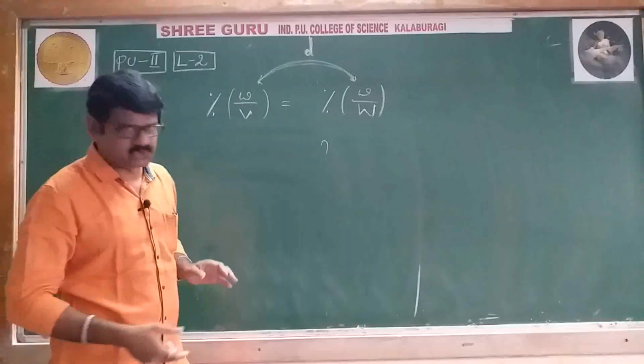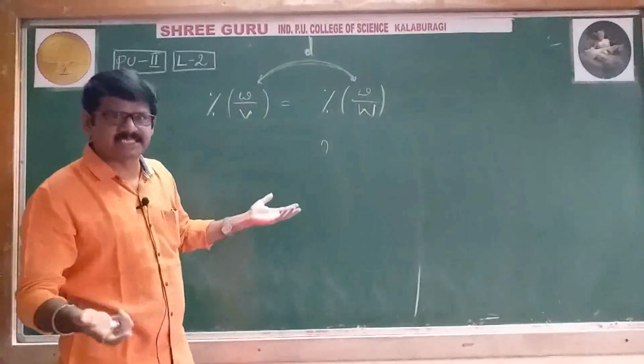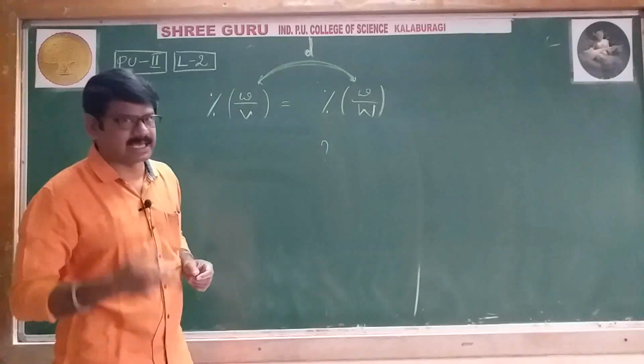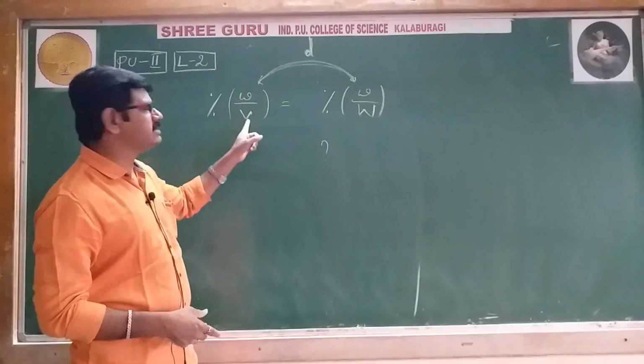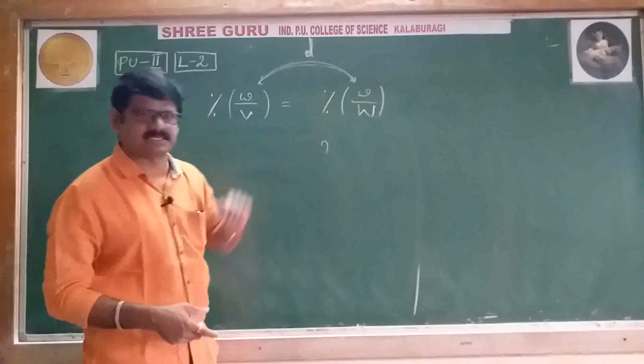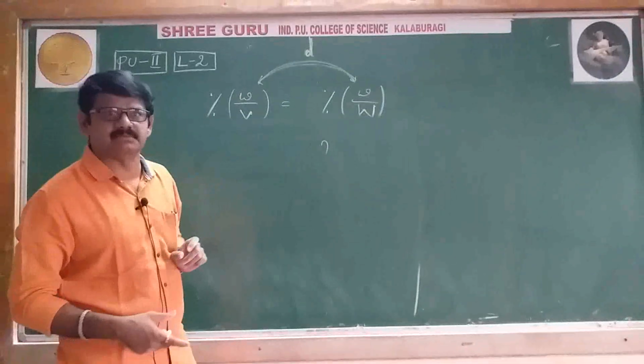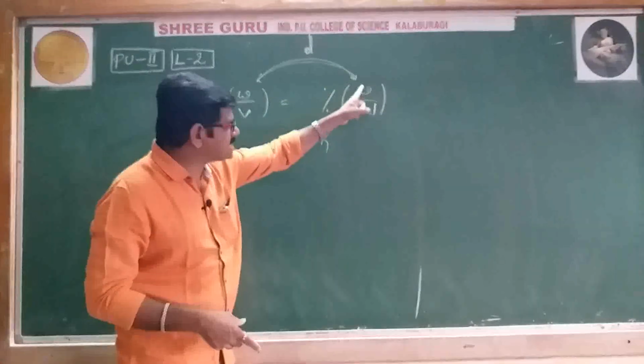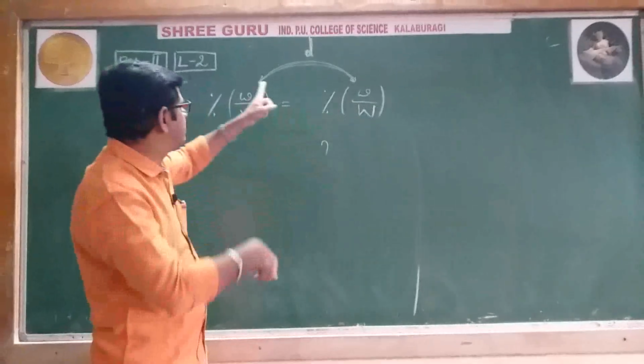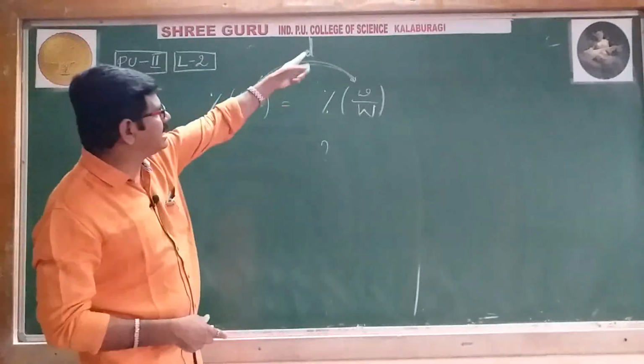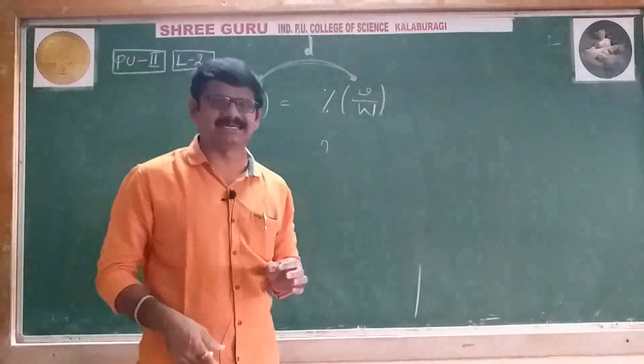How to use the density term, we'll discuss. I'll repeat: mass by volume we have to convert to mass by mass using the density term, and at the same time mass by mass also we have to convert to mass by volume, and in that also we use the density term.